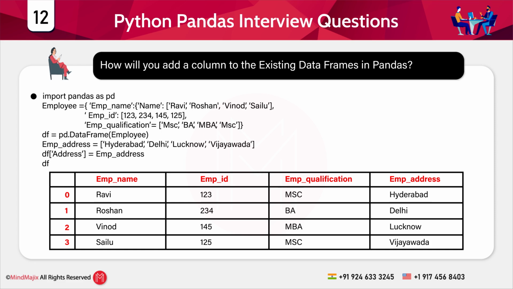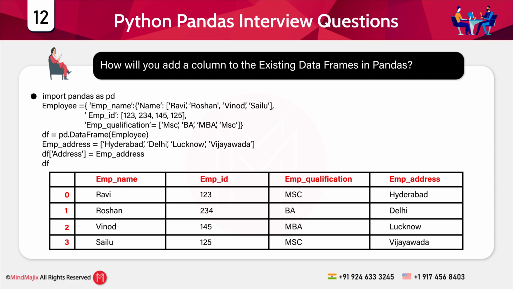And what you are doing is adding another column in this data frame. So df['address'] = employee address. Okay, so these addresses will be stored in address. And in the next line, you're simply printing the data frame. So guys, using this code, I want you to pause this video and guess the output. And we will discuss the output in the next slide.